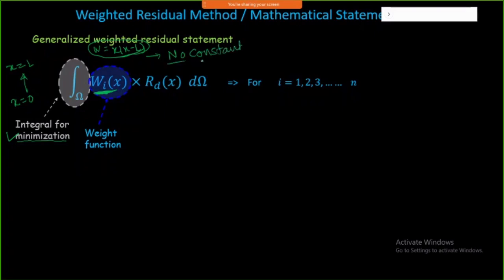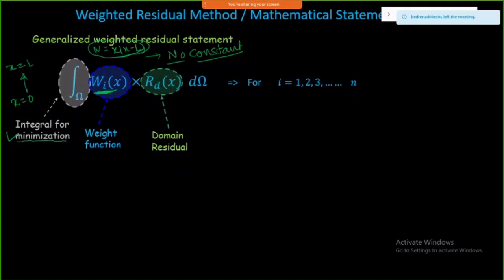Next is your domain residual, where domain residual means whatever behavior is represented by the differential equation, that behavior should be 0. So that behavior is equal to 0, and whatever the domain residual is, it should be 0 over the entire domain.